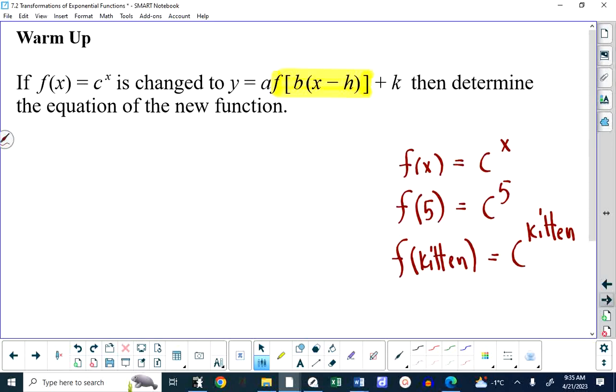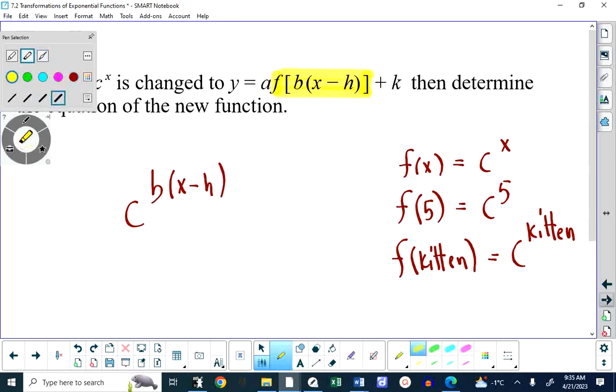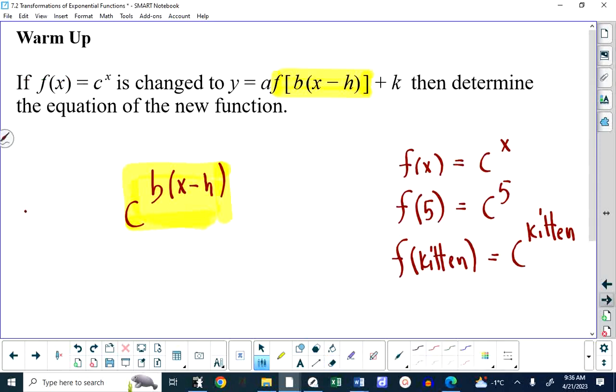The part highlighted in yellow is f of b times x minus h, which means that part becomes c raised to the b times x minus h. So our new function is y equals a multiplied by c to the b times x minus h, plus k.